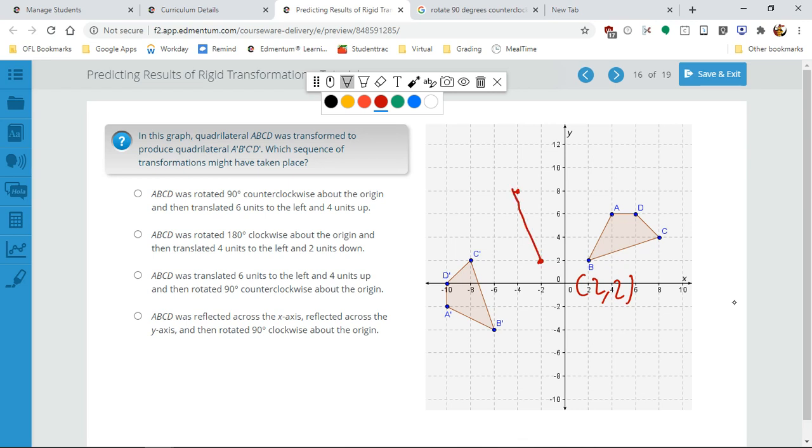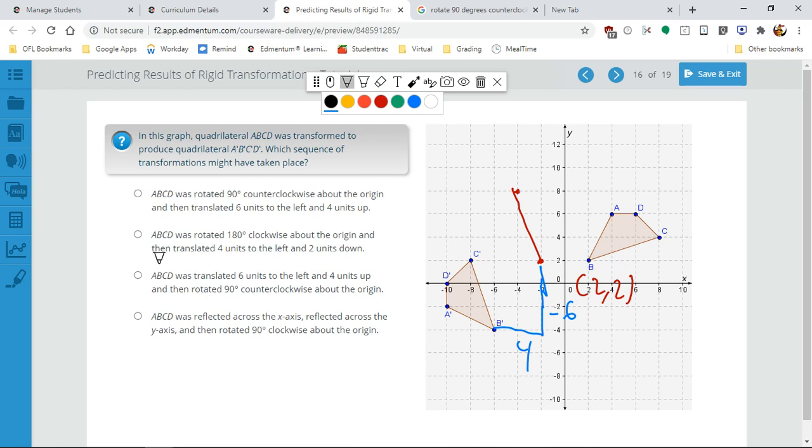So I'm getting this shape here, but then it looks like I went down 2, 4, 6, and then I went over 2, 4. So I went down 6, over 4. I didn't have enough time to go through all of it, but you can see that the shape is starting to form. So I rotated 90, and then I went down 6, up 4.